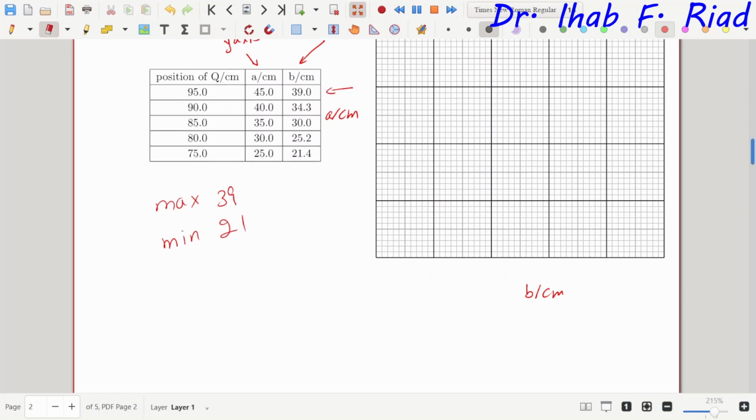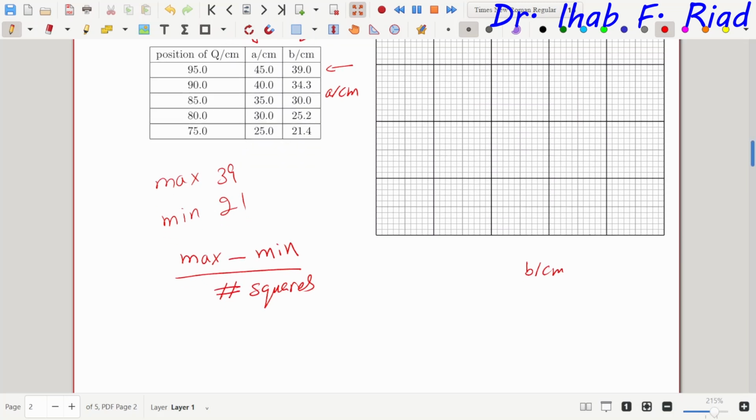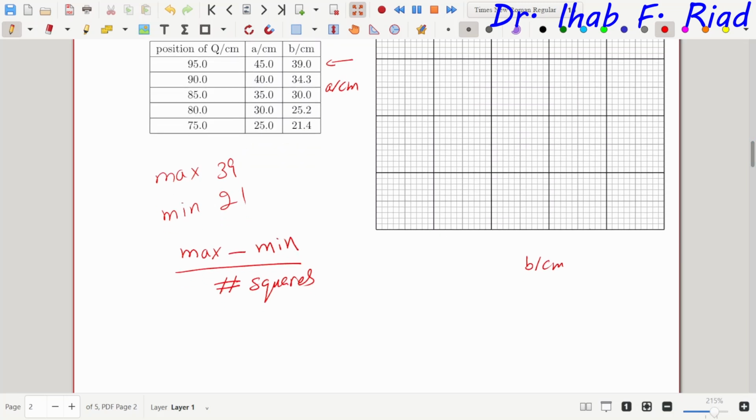Okay, let us do it like this: maximum minus minimum, and then divide by the number of squares. Maximum minus minimum divided by the number of squares. Okay, so the maximum on the x-axis is 39.